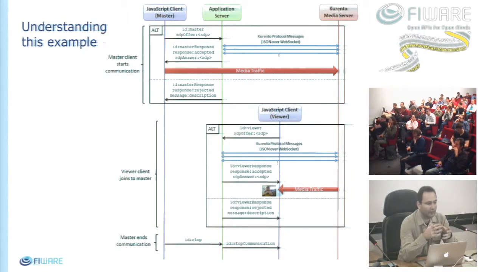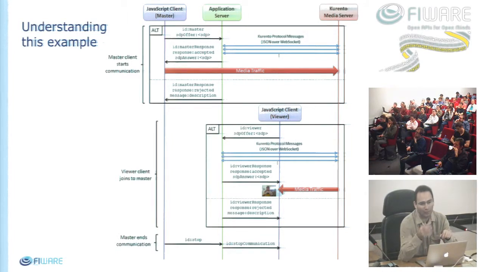The master user, who is going to provide the master WebRTC stream, and the rest of users, which are viewers. So the first thing that needs to happen in this application is that the master connects. The code in my application is going to create a WebRTC endpoint for the master. This is everything that it is going to do.